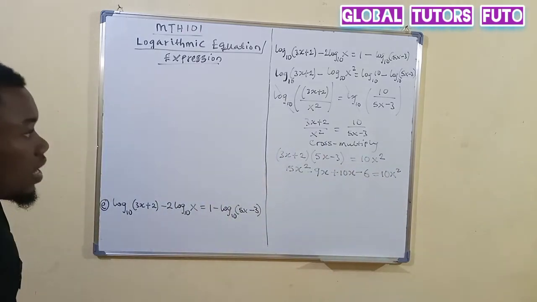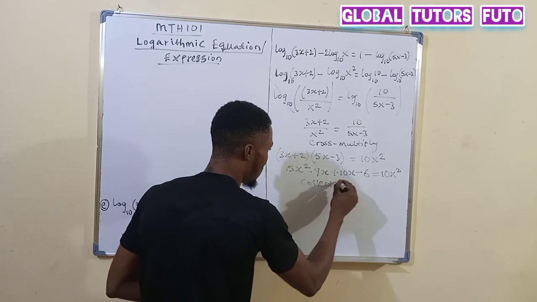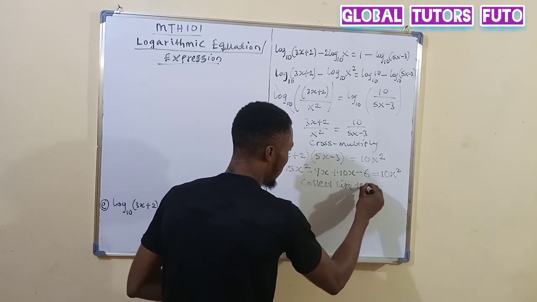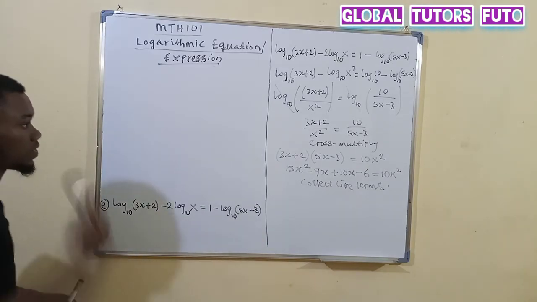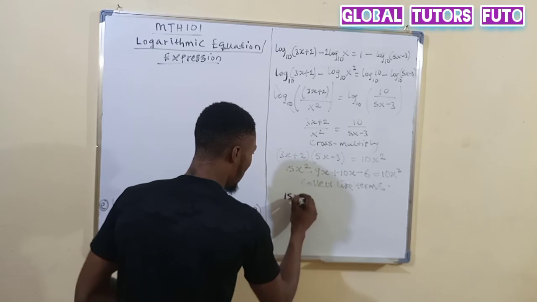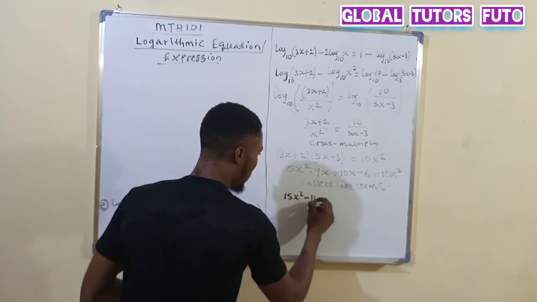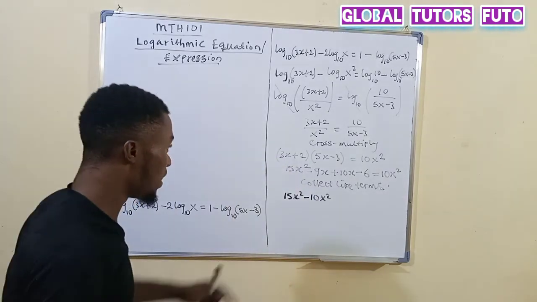So at this point we'll collect like terms. So now we are collecting like terms. So we can bring in this one, 15x squared minus 10x squared, because when positive crosses it becomes negative.